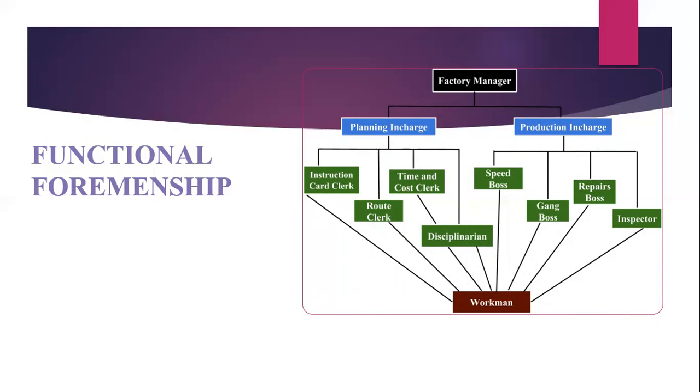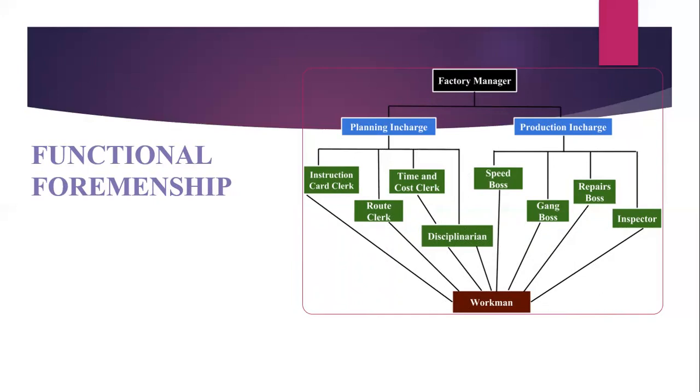And under production, again, 4 heads should be there: gang boss, speed boss, repair boss, and inspector. So under all these 8 heads, the workers will work. So quite an interesting thing. So this is what Taylor suggested, so that efficiency can be brought, and whatever materials are there, maximum output can be brought from it.